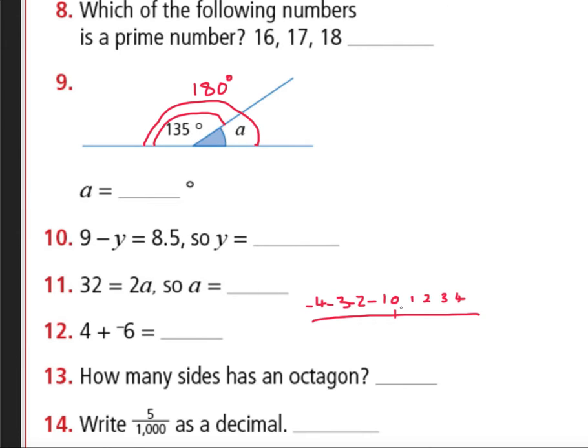So we're going to start off with plus 4, so we're going from 0 up to 4, and now we have to add on a minus 6, so we're going to go back by 6. So 1, 2, 3, 4, 5, 6, and we're going to land here on minus 2.